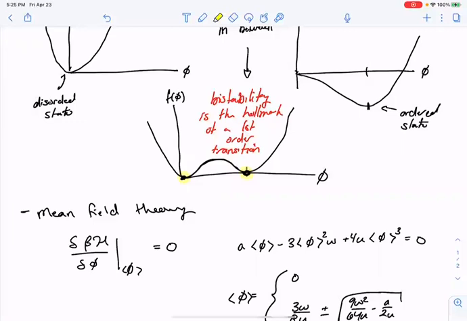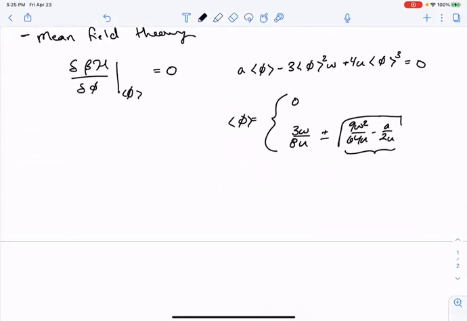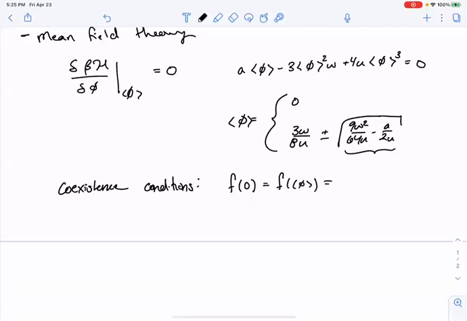Namely, when they're both equal to 0, which is where the minima of the disordered state always is. So when f of 0 is equal to f of the average of phi finite, which is equal to 0. These equations solved simultaneously will give the average value of phi and the location of the transition temperature.